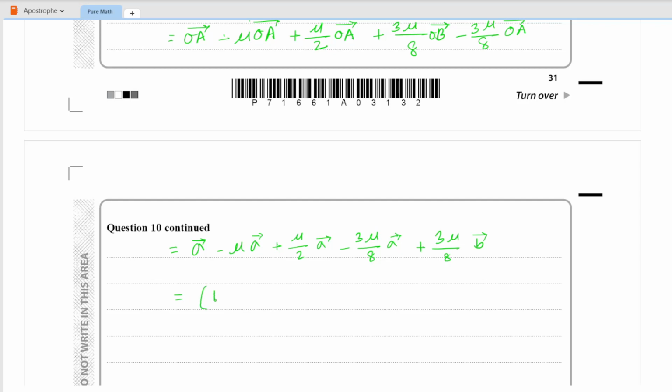1 minus mu, sorry, this is mu. Why am I saying lambda? My bad. This is mu over 2 minus 3 mu over 8 a plus 3 mu over 8 b.